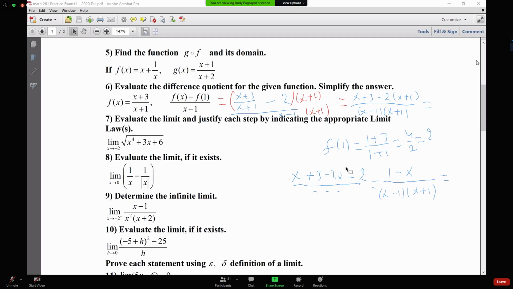Now 1 minus x is negative x minus 1, so you can divide out. So you get negative 1 over x plus 1. That should be your final answer.